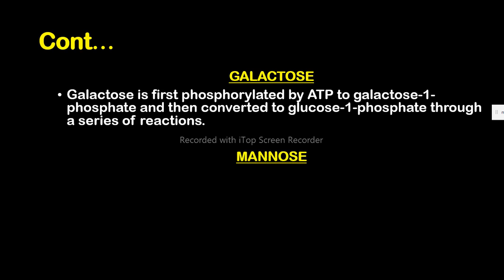The glucose isomerizes to give you fructose 6 phosphate, and then you phosphorylate it to form fructose 1,6 diphosphate, and then the diphosphate being a high energy compound, it will split to give you the 3 carbon compounds. So it's as simple as that.